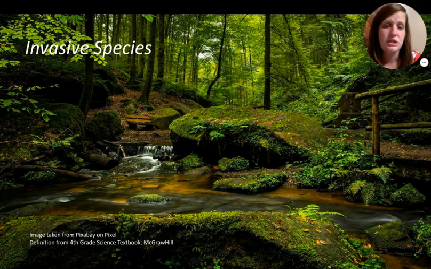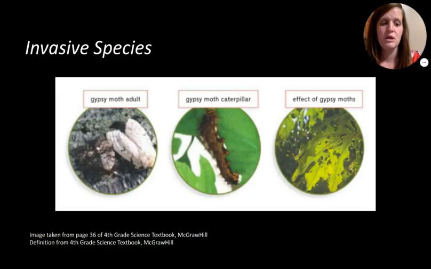It uses resources like shelter and energy that the native or already existing plants and animals need to survive. Invasive species have a negative impact on the already existing ecosystem.